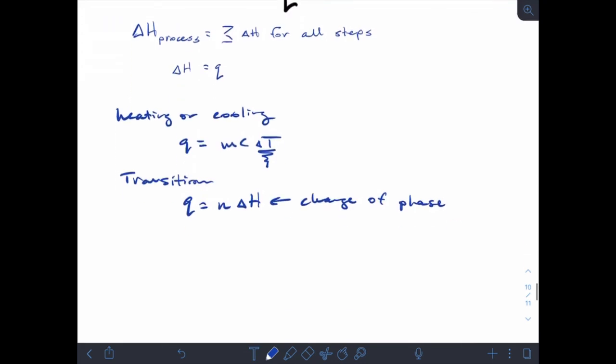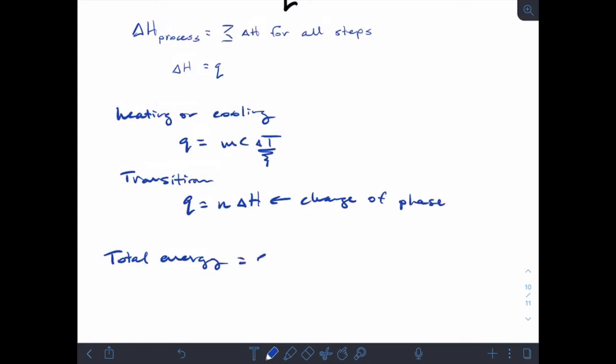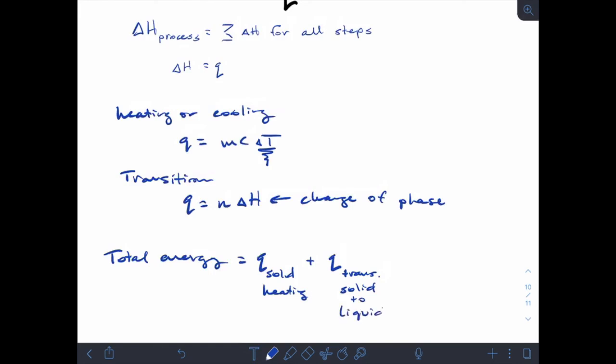Okay, so our total energy for a phase transition, for a process, would be, for example, Q of the solid heating plus Q of the transition, solid to liquid, plus Q of the liquid heating.